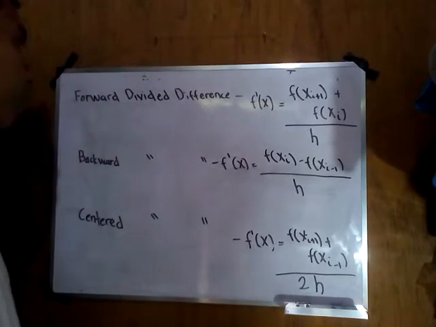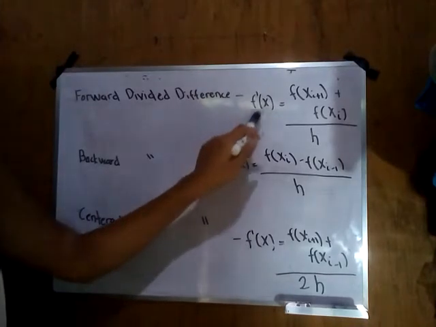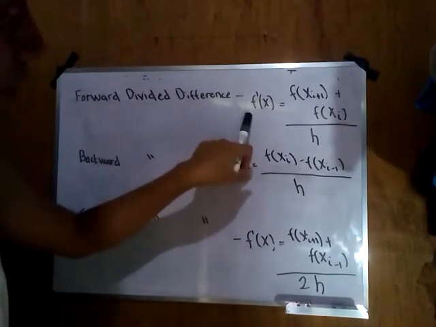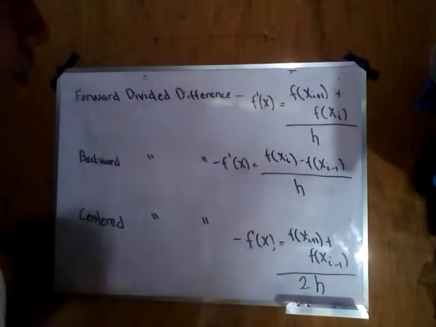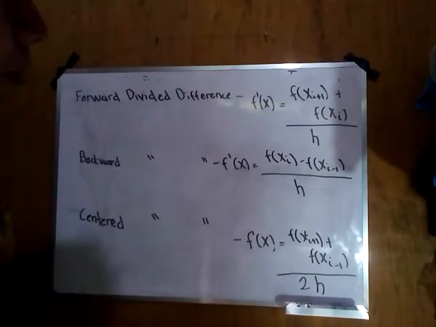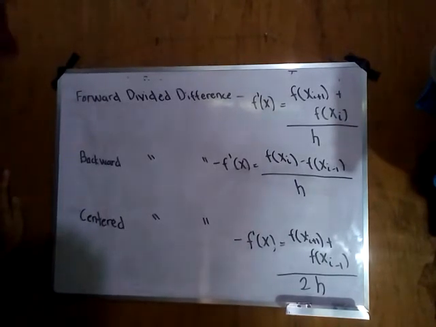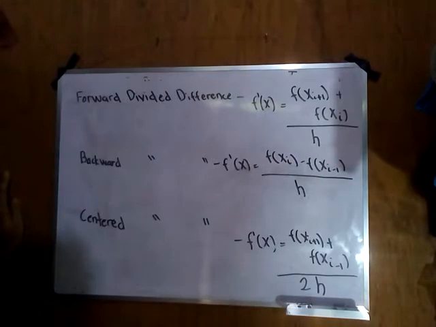So for FDD, our formula is f prime is equal to f of x sub i plus 1 minus f of x sub i, all over h. And for BDD, the formula is f prime is equal to f of x sub i minus f of x sub i minus 1, all over h.